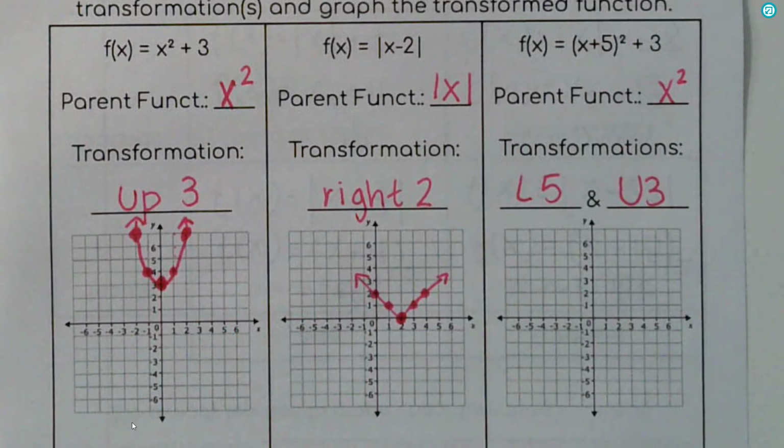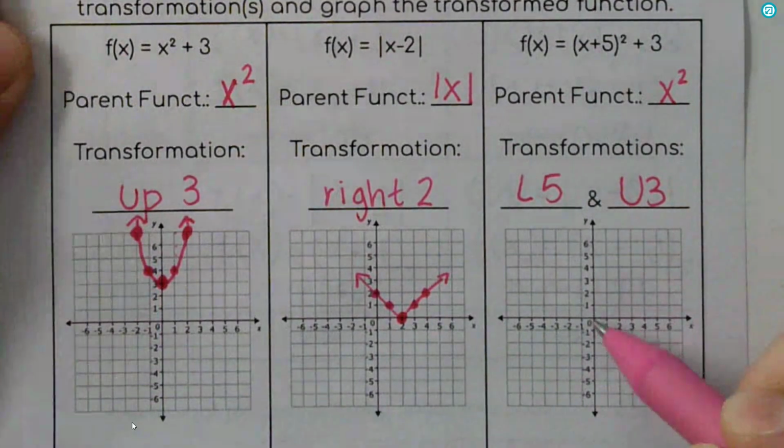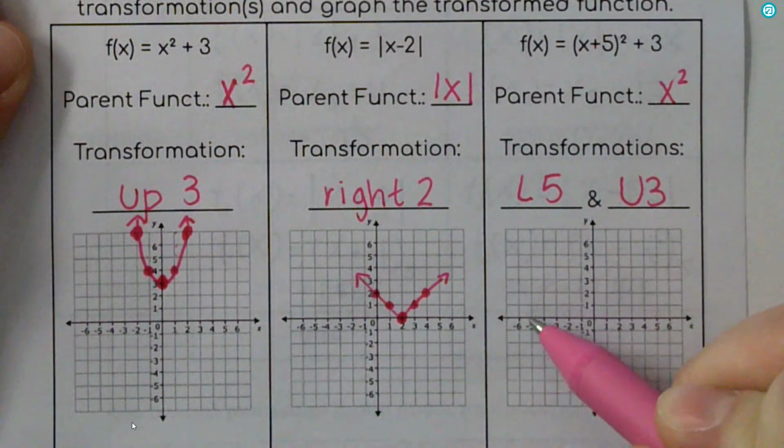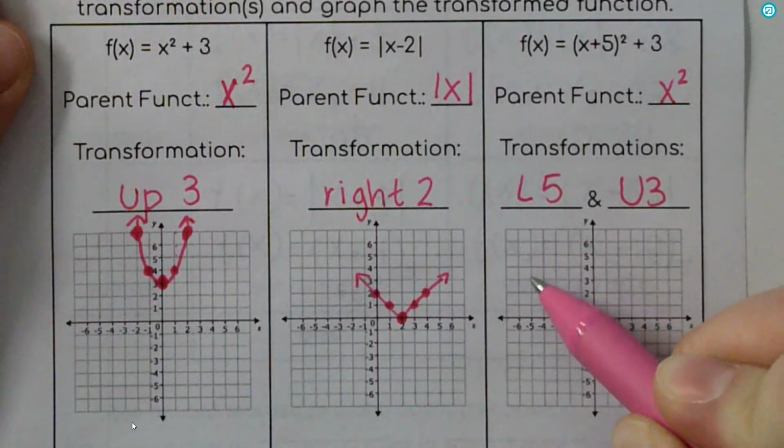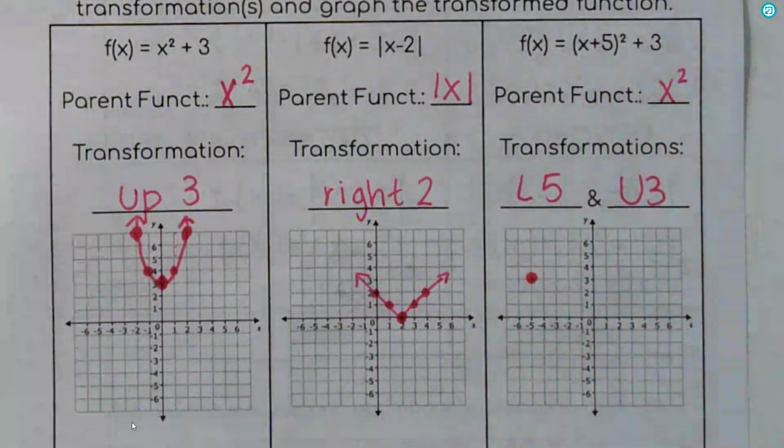Okay, so then you move in one direction at a time. Start at 0, 0, move to the left 5 and stop, move up 3 and stop, and then put your point. Get your point to where it needs to be before you try to do your graph.